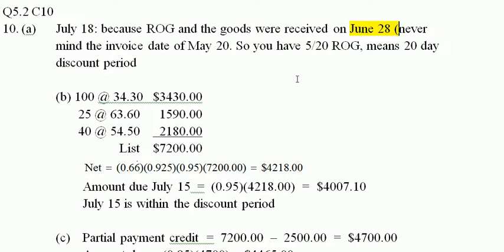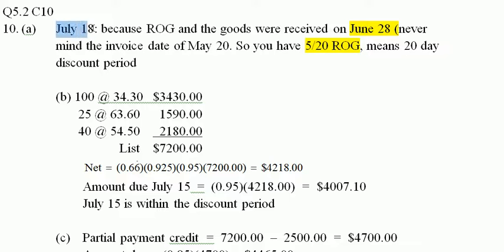and we know that the credit period, the discount period, is 5/20 ROG. So that means that the discount period is 20 days from the receipt of goods. If you pay within 20 days of receipt of goods, therefore, you will receive a 5% discount.